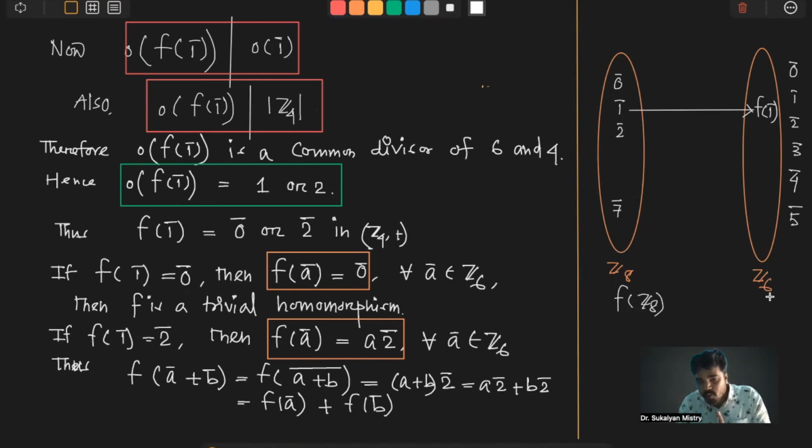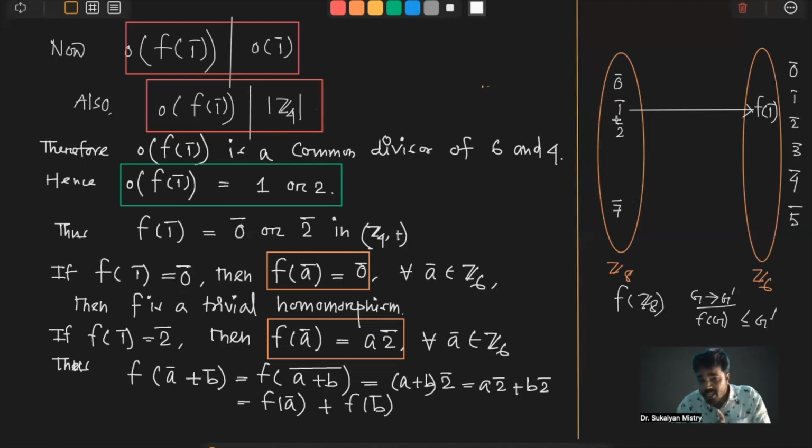So f of Z8 is a subgroup of Z6. Why? Because we know that if f is a mapping from g to g dash that is a homomorphism, then f of g is a subgroup of g dash. So f of Z8 is a subgroup of Z6.